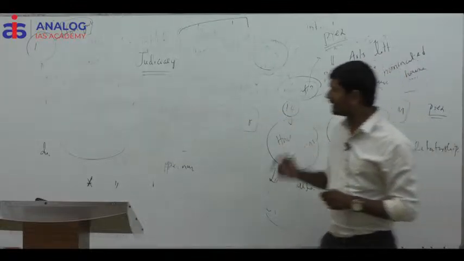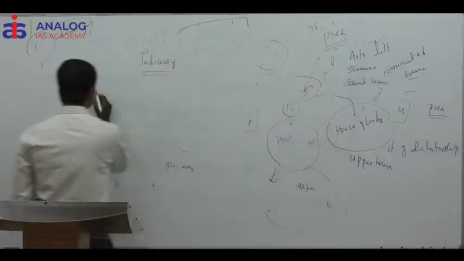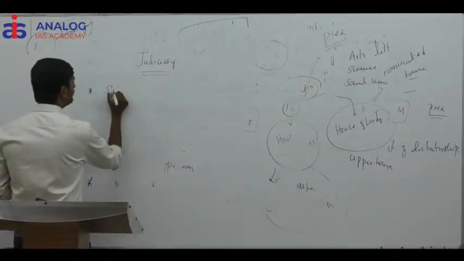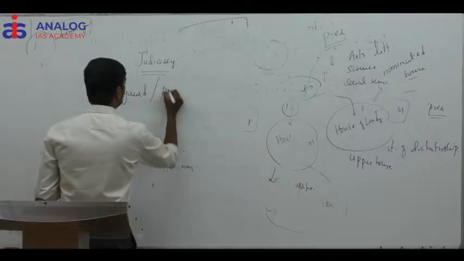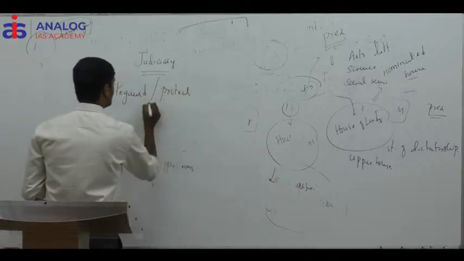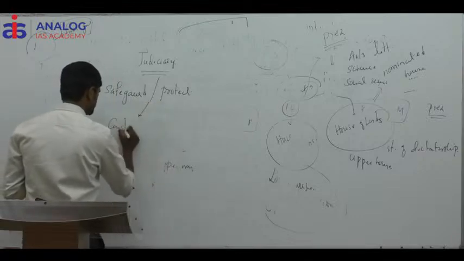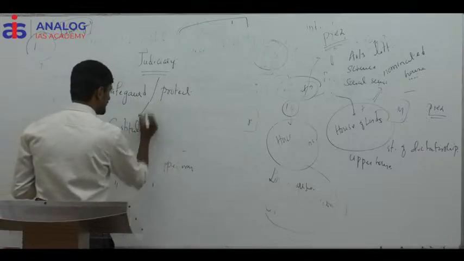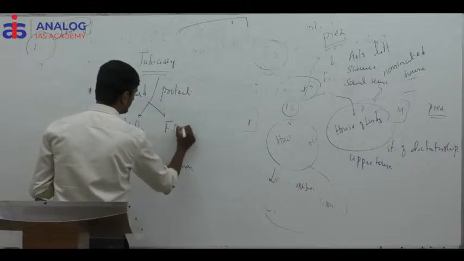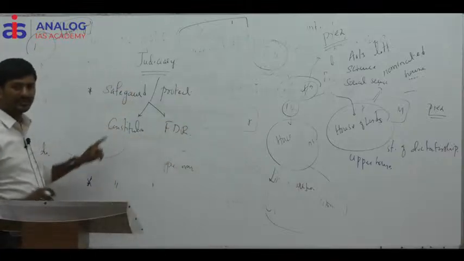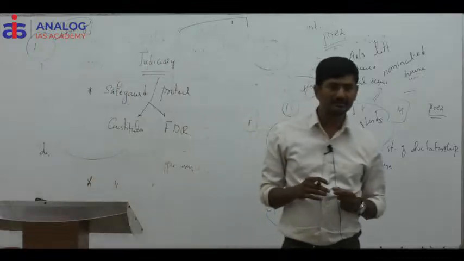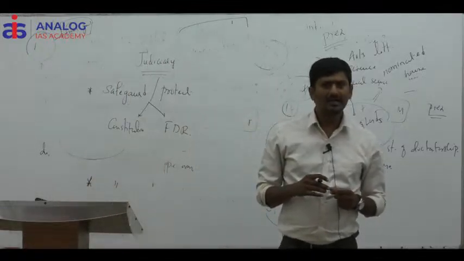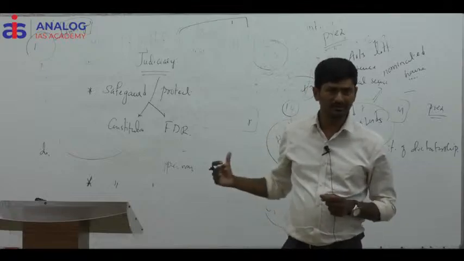Okay. So that's why the judiciary has an important function to safeguard or protect the constitution and especially fundamental rights. It means the government has to function according to the constitution.